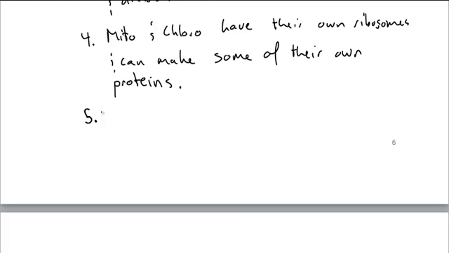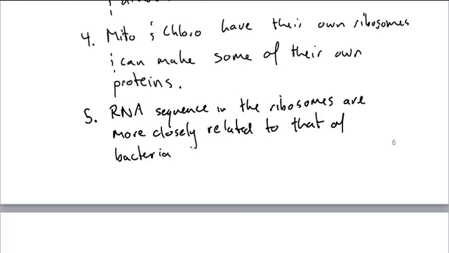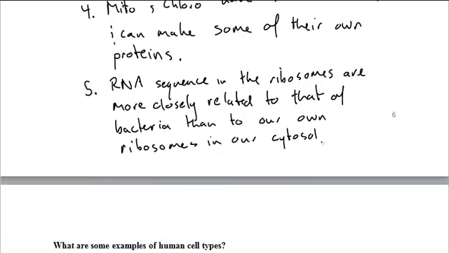And finally, perhaps the most interesting is that the RNA sequence in the ribosomes are more closely related to that of bacteria than to our own ribosomes in our cytosol, suggesting that they actually came from a different origin.